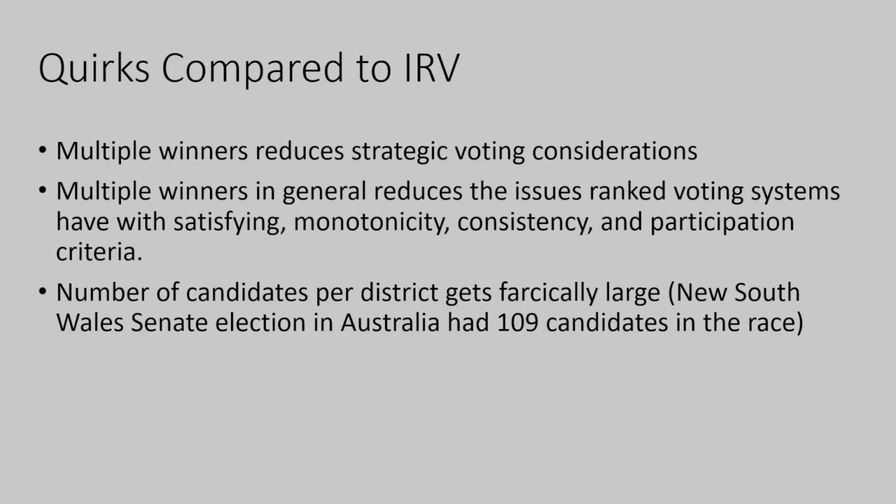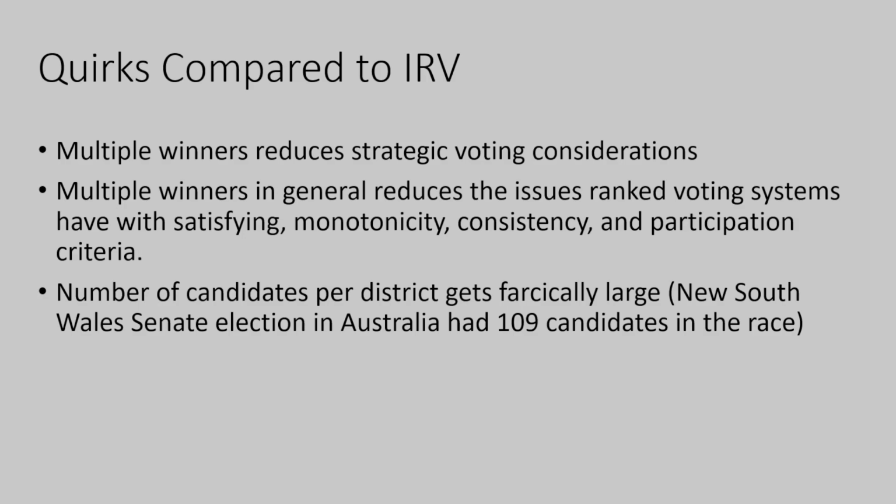why is that? So the fact that STV has multiple winners reduces a lot of my issues with IRV, which is the quantity of strategic voting required in it, trying to figure out how the candidates are going to work.